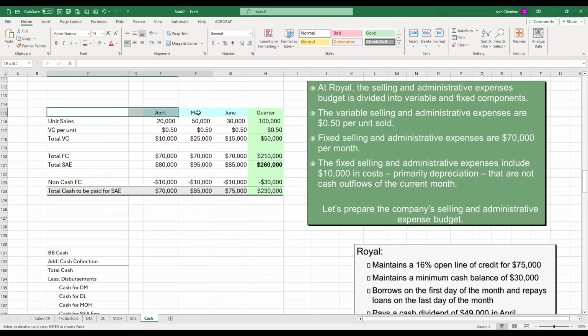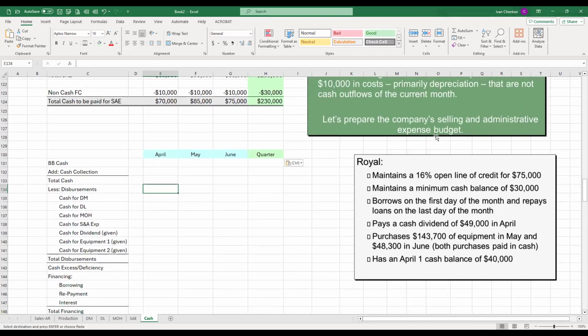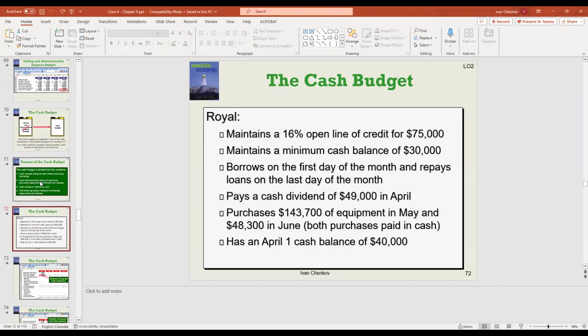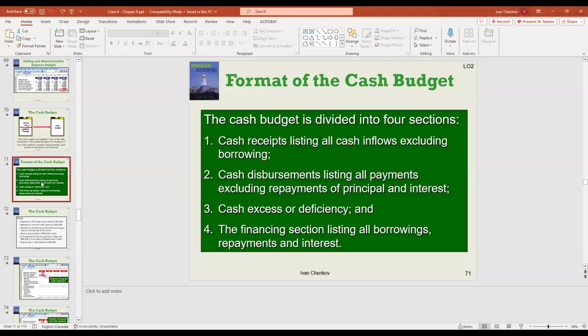In order to prepare the cash budget, there are a few things that we need to know. First, the cash budget has nothing to do with the cash flow statement. Second, on the cash budget we're going to have four sections. The first section deals with the cash coming in. The second section is cash going out.